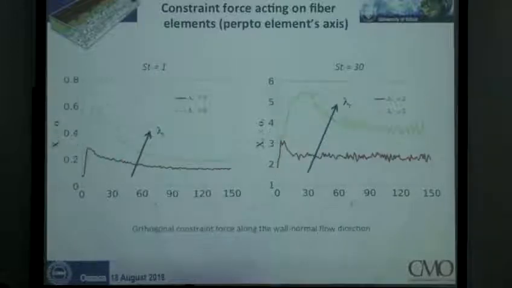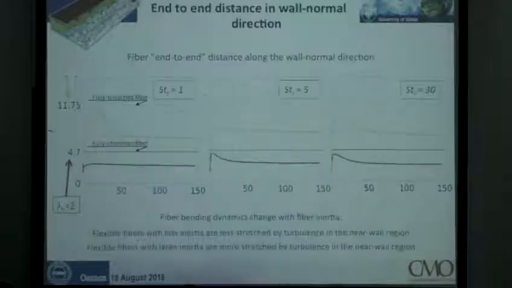If you measure the same constraint forces in the direction perpendicular to the axis, so the forces that would try to bend each element of the fiber, you see similar behavior, even though the values on the y-axis are a little smaller than before, meaning that our fibers are mostly subject to tensile forces rather than bending on each element.